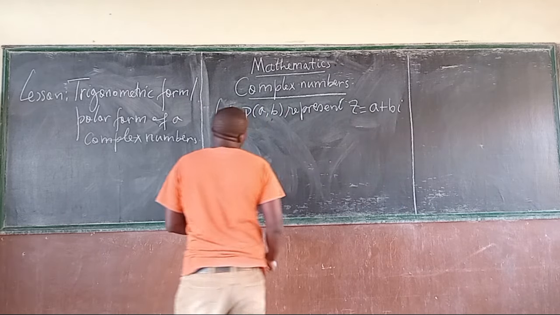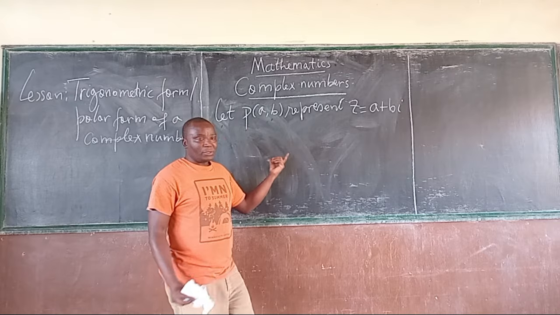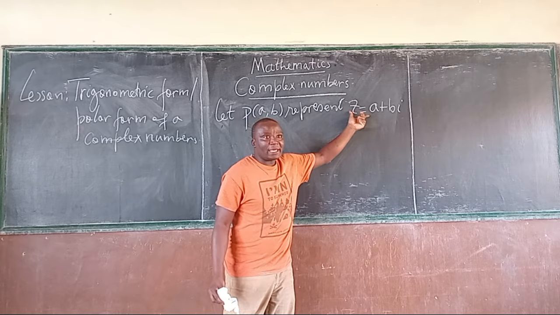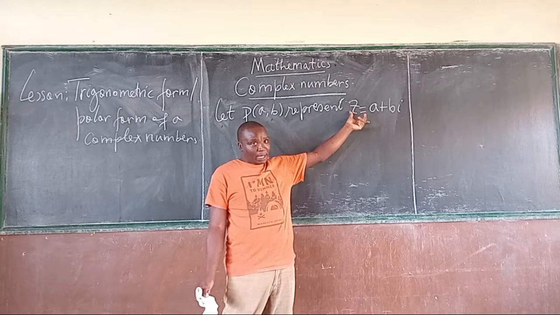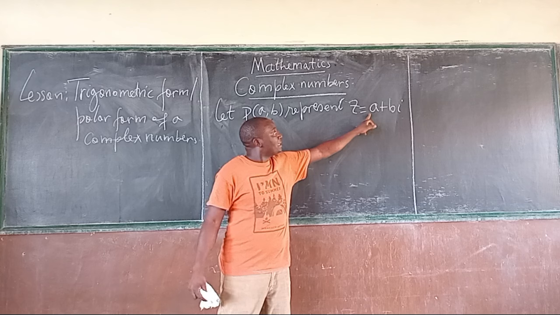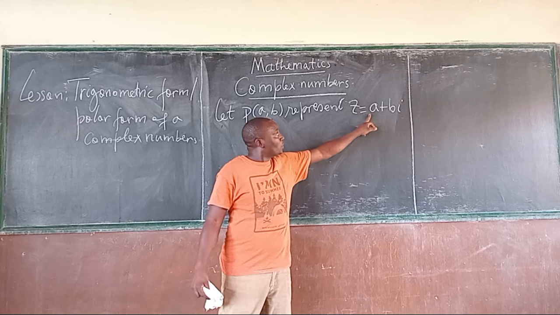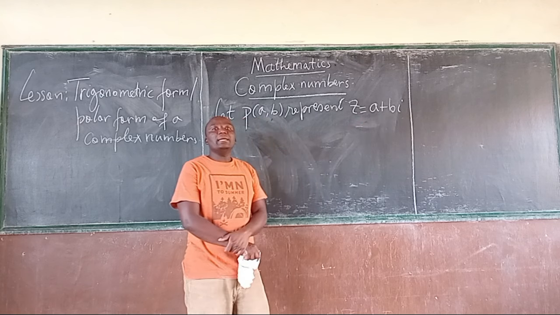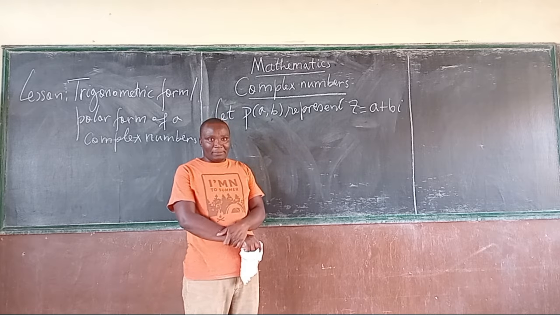And I'm sure you are able, teachers, to represent this algebraic form of a complex number. You are able to represent this complex number z equal to a positive bi on an Argand diagram.